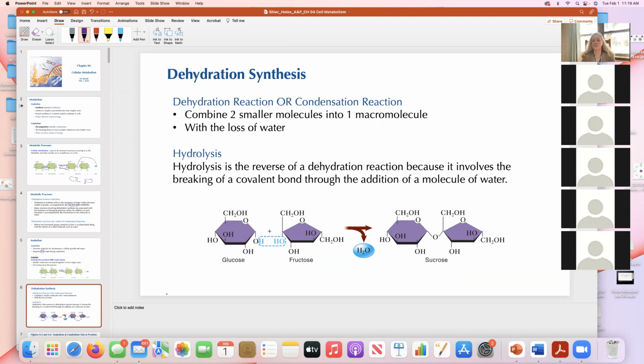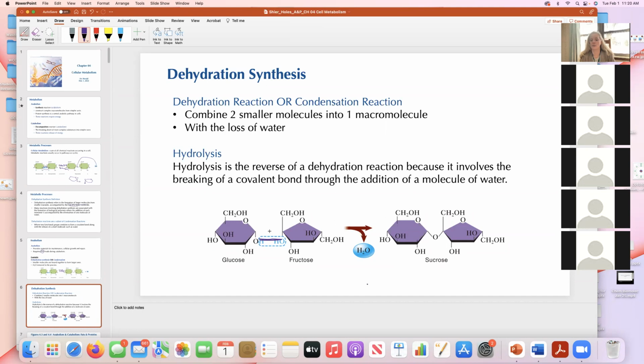In this case, you're combining smaller molecules and you're building them into a bigger macromolecule, and you extract water to do it. So right here are two sugars, glucose and fructose. They're going to get combined into a whole new bond here. And water's what's going to get removed.